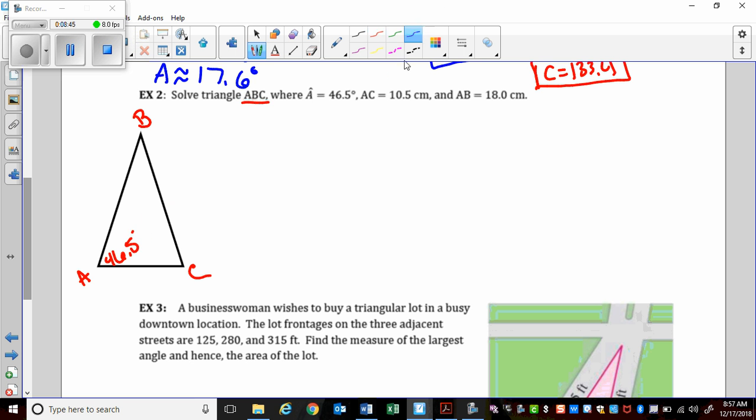A to C is 10.5 centimeters. And A to B is 18 centimeters. So this is a side, the angle in between it, and then the very next side. So this is going to be side, angle, side.